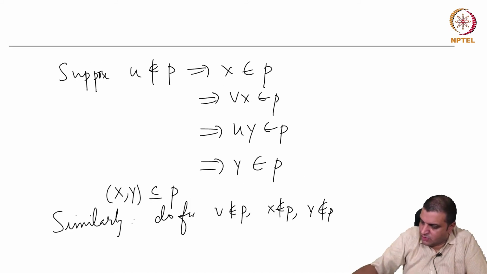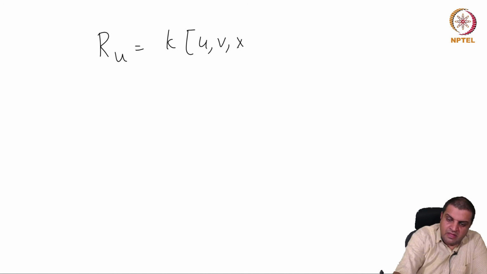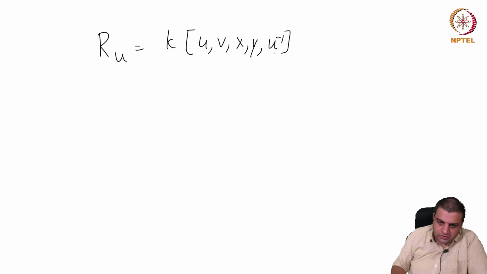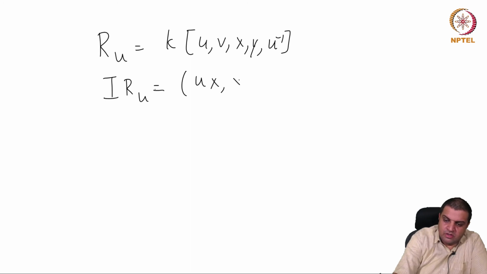So let's write this out. R_U is k adjoint u v x y and the inverse of u. I_R_U is ux, vy, uy plus vx.